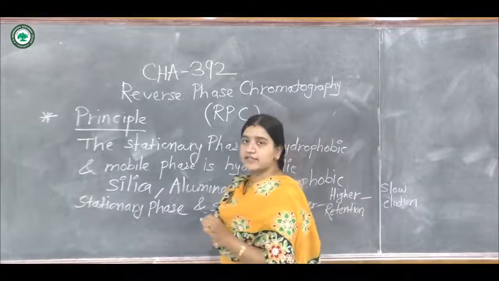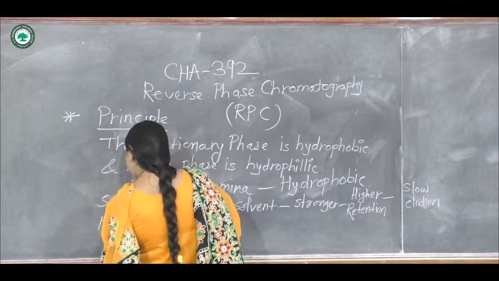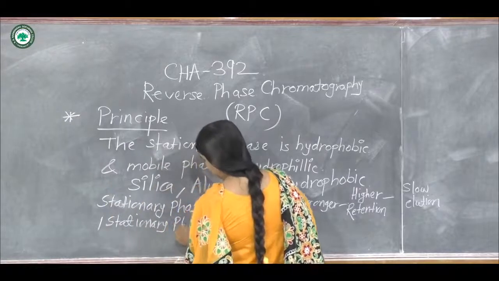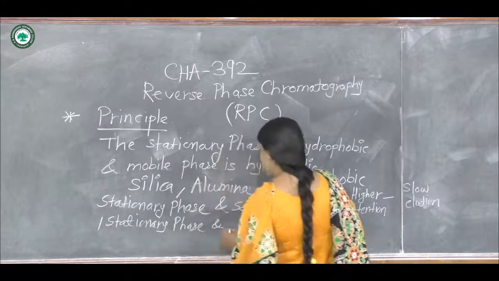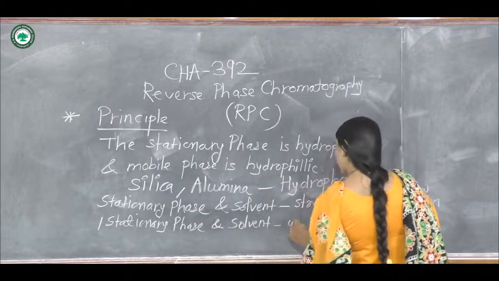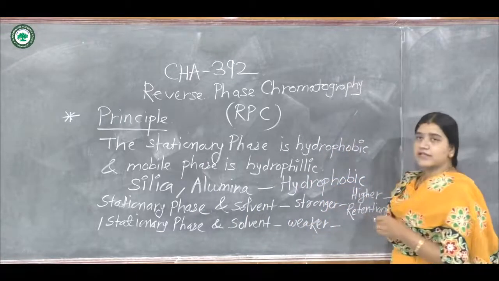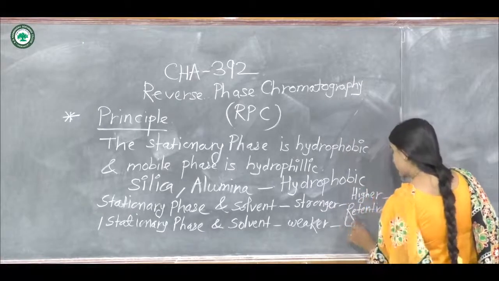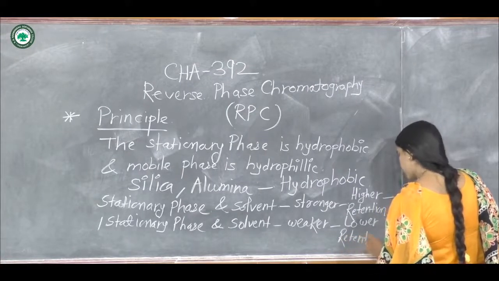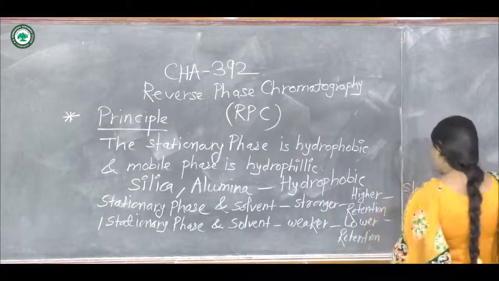And if the interaction between the stationary phase and a solvent is weaker, then the retention time is also lower, and the rate of elution is fast.